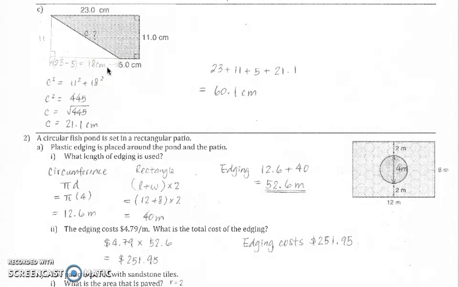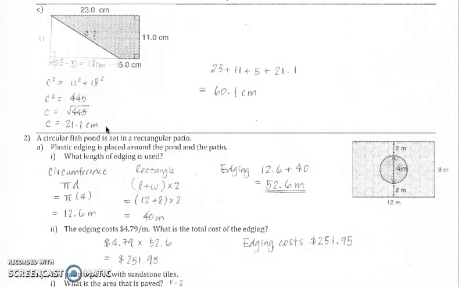Using the Pythagorean theorem, c squared is equal to 11 squared plus 18 squared. That simplifies to 445. Now to calculate c, remember you need to take the square root of 445. So c is 21.1 centimeters.